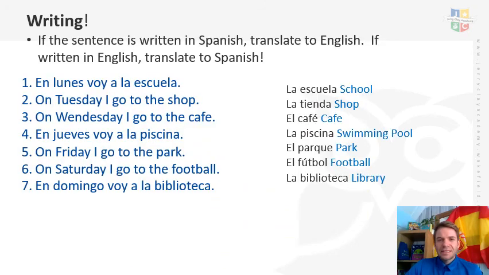Muy bien. Okay, so for your task today, I would like you to have a go at some writing in Spanish. Now, it might be that you're writing in Spanish or that you're writing in English. But either way, on your screen now, there are 7 sentences, 1 sentence for each day of the week. If the sentence is written in Spanish, then you need to write the sentence in English.